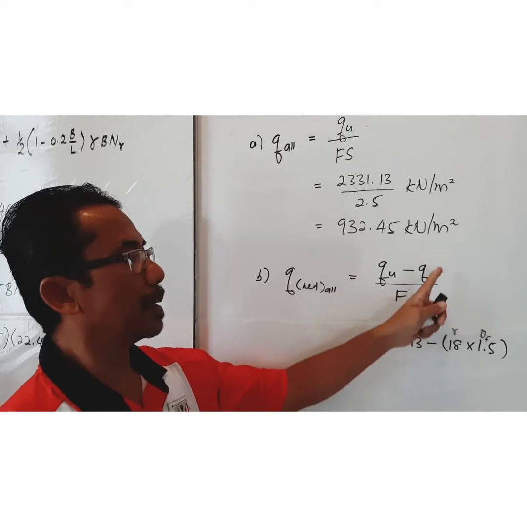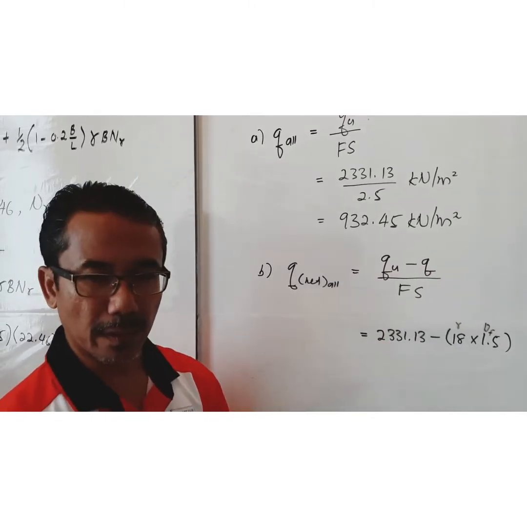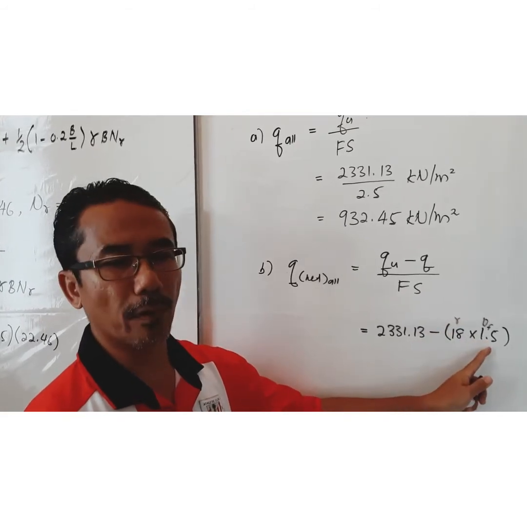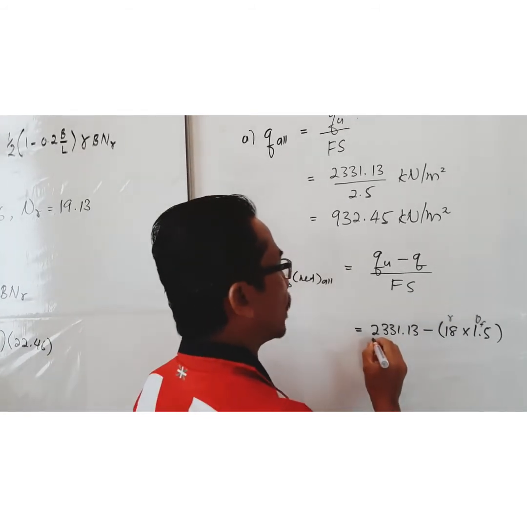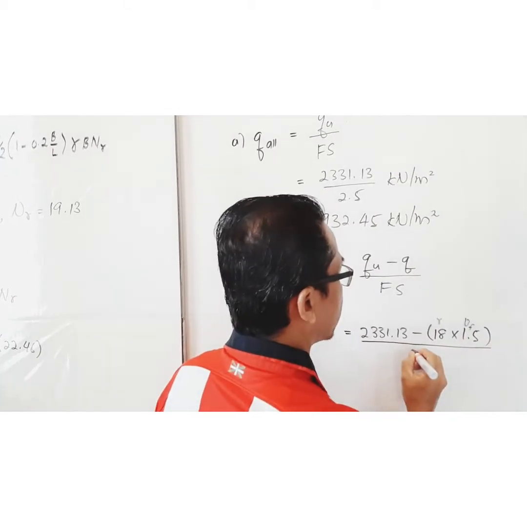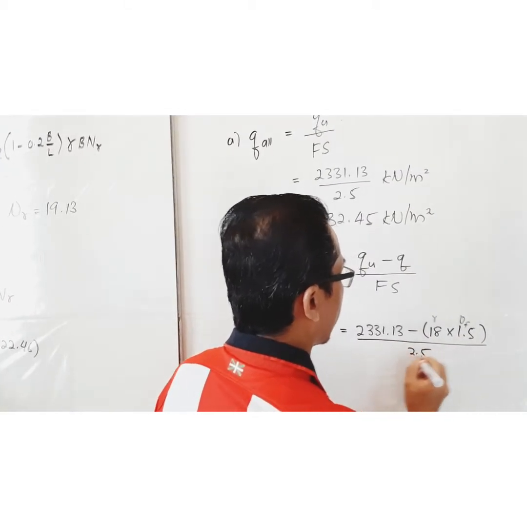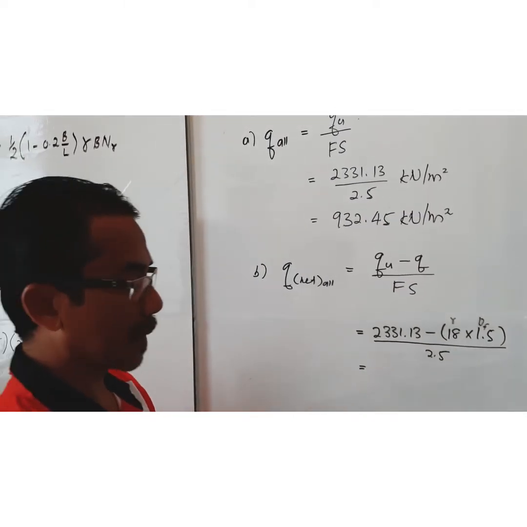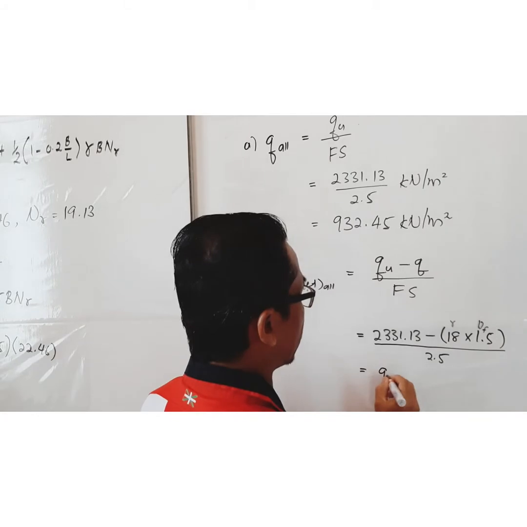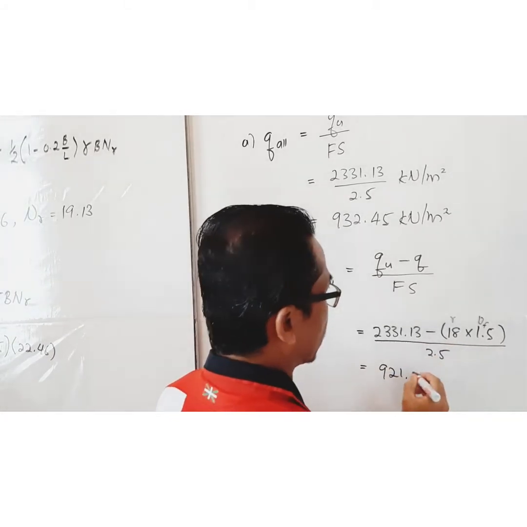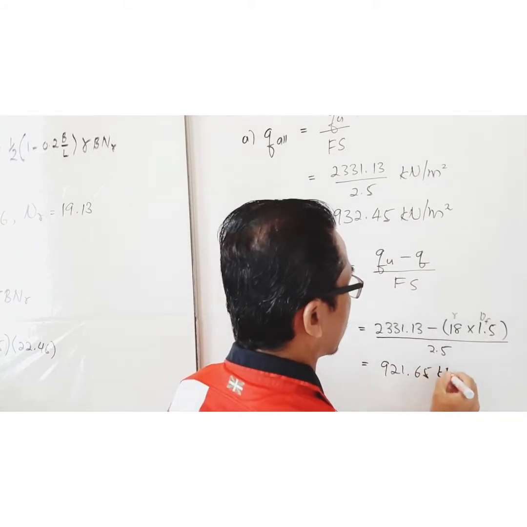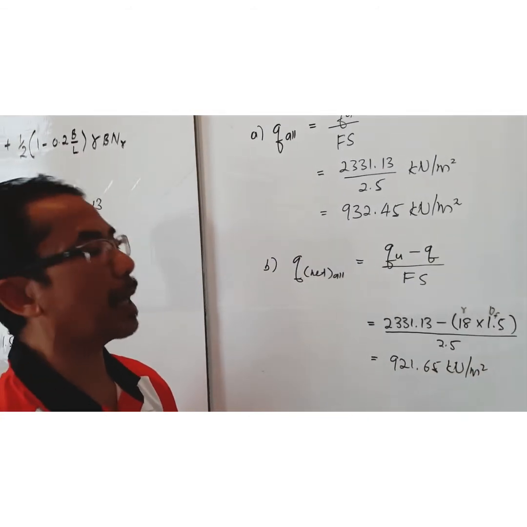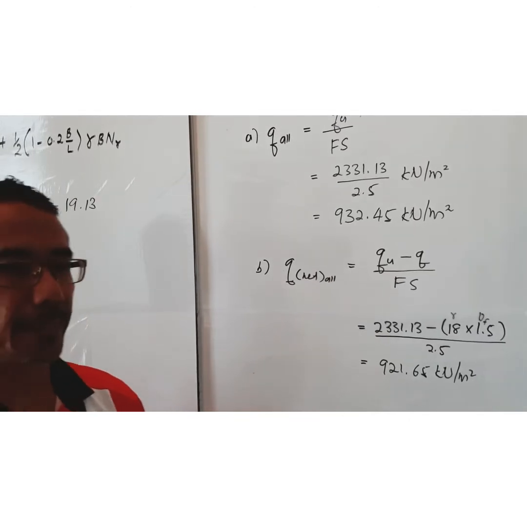Generally, this q, the stress at the base of the footing, is due to the unit weight of the soil multiplied by the depth of the footing, right? And then we divide by the safety factor, 2.5. Then we should get 921.65 kilonewton per meter squared. That is the net allowable bearing capacity.